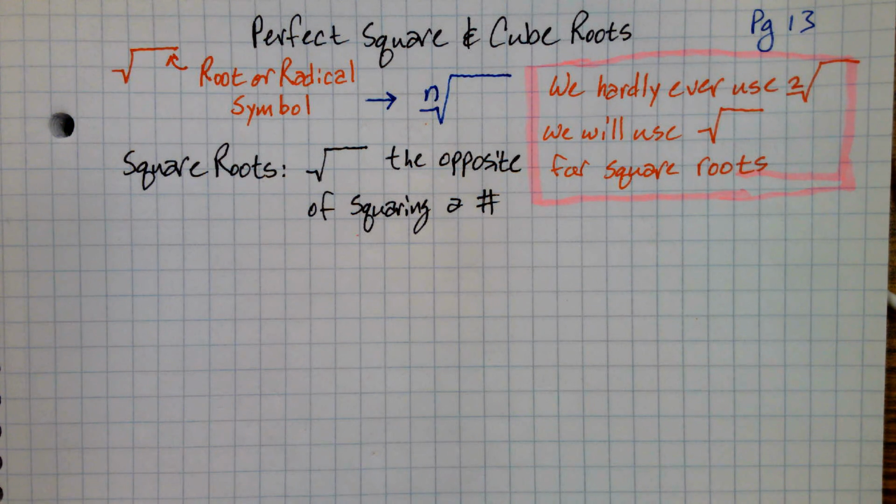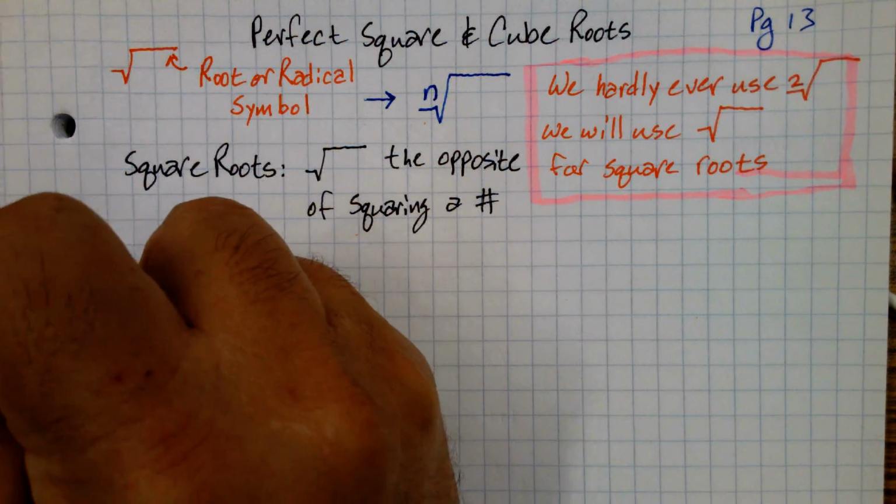You remember what it means to square a number? Like 5 squared? What does it mean, 5 squared? Think about it. 5 to the second power is another way of saying that. It's to the 2 power. So it means something times itself. Okay? So let's look at the meaning of a square root.